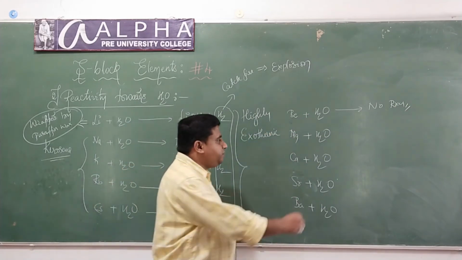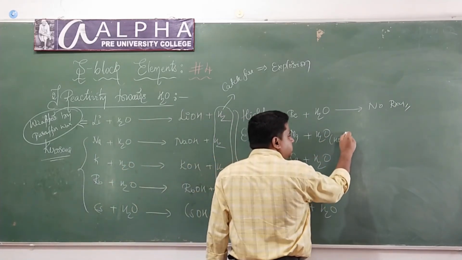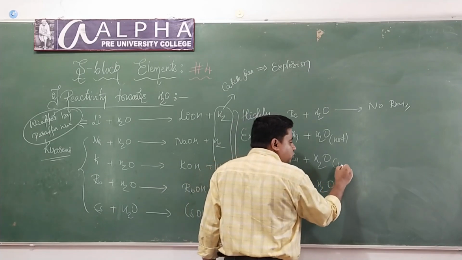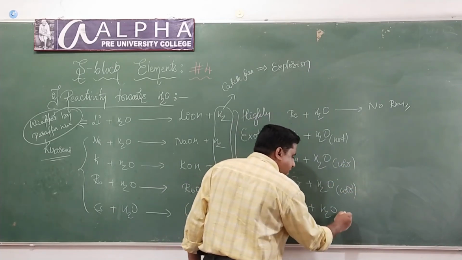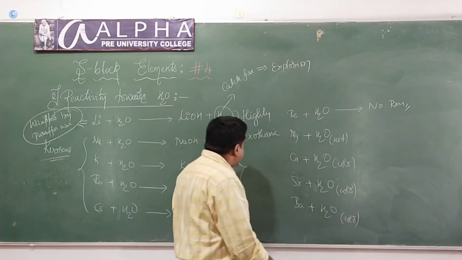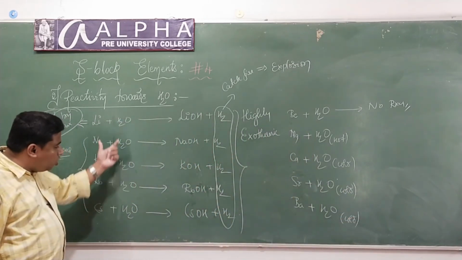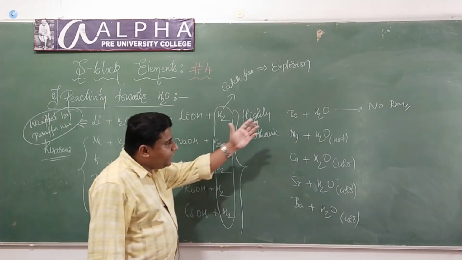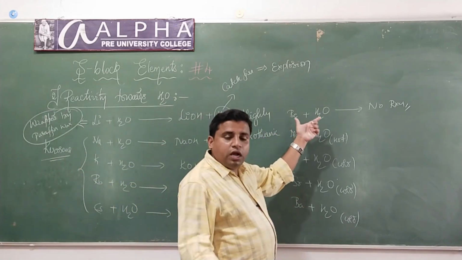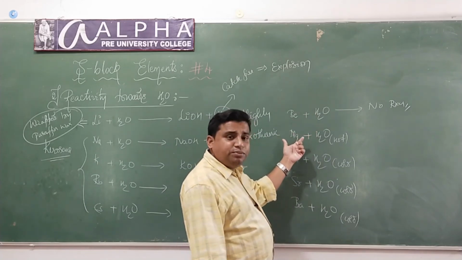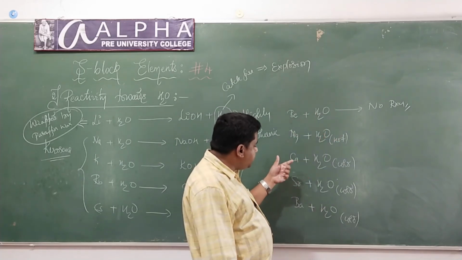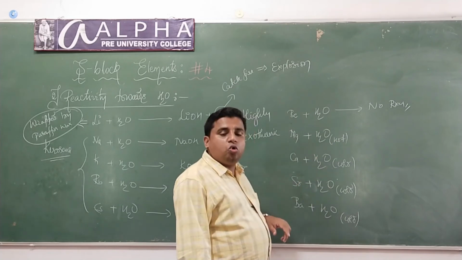Whereas magnesium reacts with hot water, calcium with cold water, strontium with cold water, barium with cold water. Beryllium will not react with either cold or hot water. Magnesium reacts only with hot water. Calcium, strontium and barium react with cold water also.